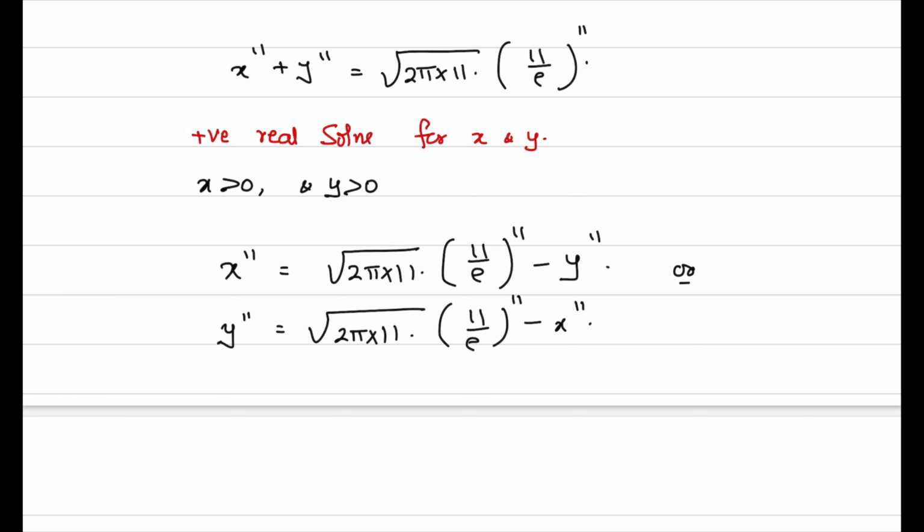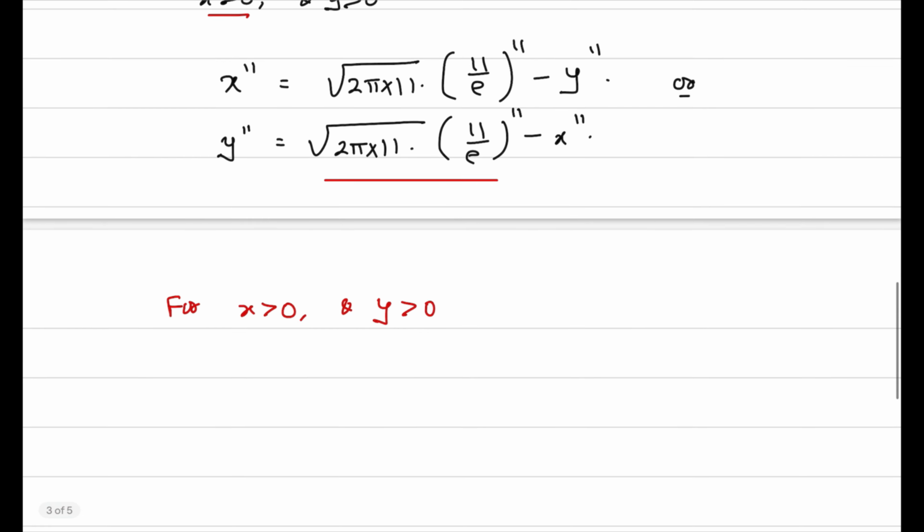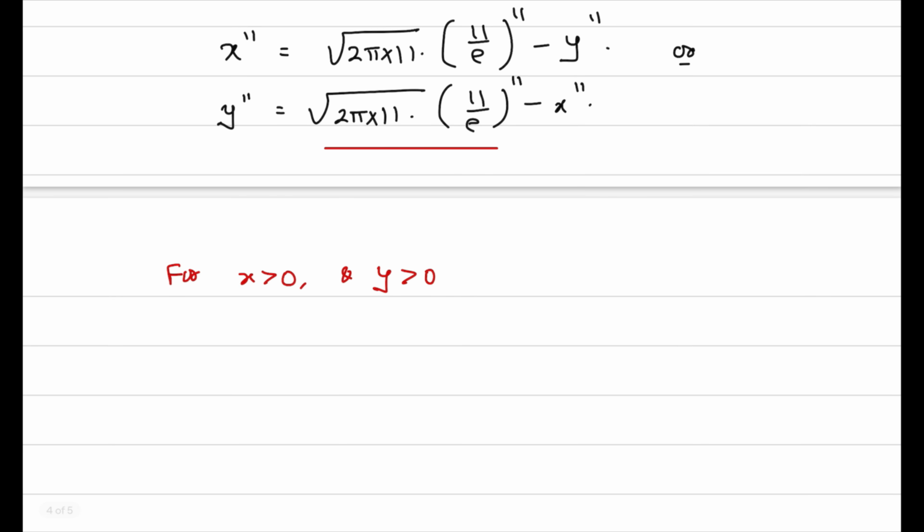And for x to be greater than 0 and y to be greater than 0, the value of x to the power of 11 cannot be greater than square root of 2 pi into 11 into 11 by e to the power of 11.